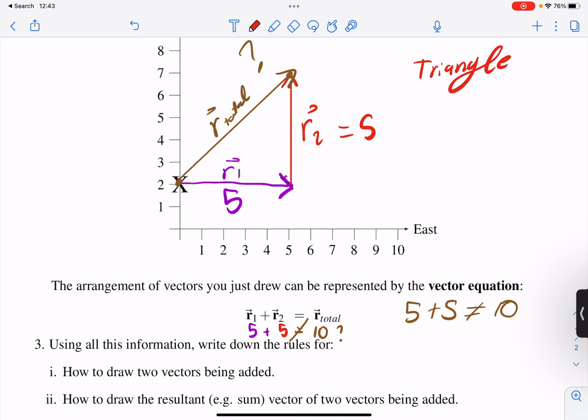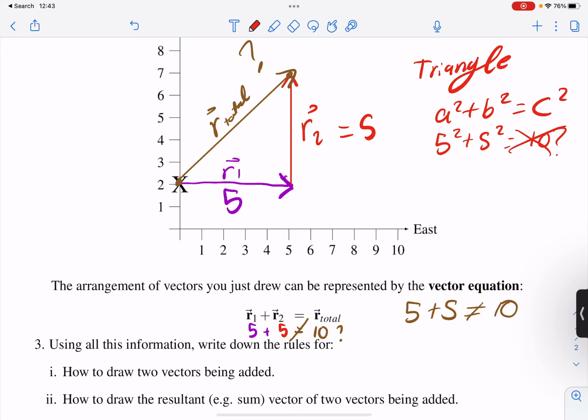Triangle, what do we know about a triangle? A squared plus B squared equals C squared. So does 5 squared plus 5 squared equal 10? No, absolutely not, right? 5 squared plus 5 squared is going to give you the C squared. So it's going to be 25 plus 25 equals C squared.